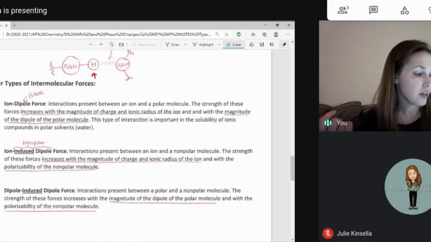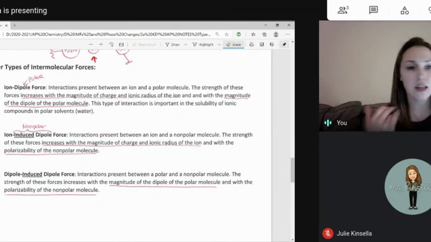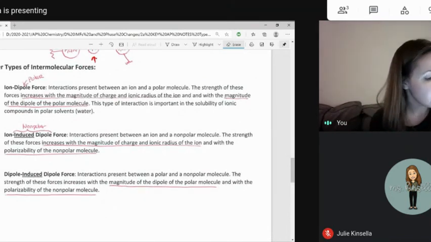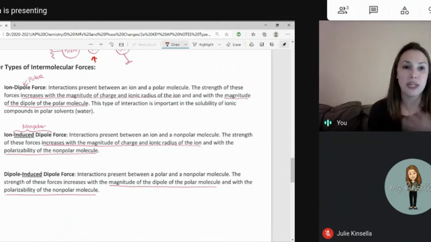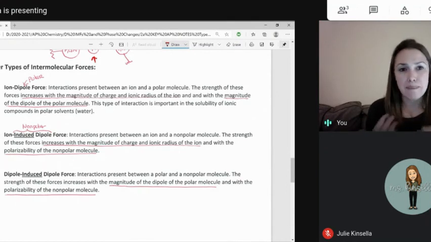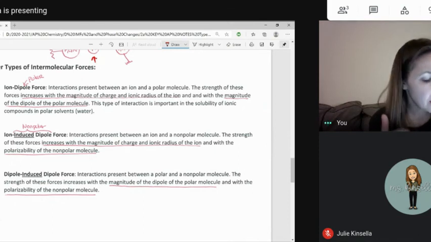Some other types of intermolecular forces of attraction that you should be aware of as we go through identifying and describing include the ion-dipole force. This is between an ion and a polar molecule. Especially when we get into solubility and mixing things together, these are going to become more important, but I still want you to be aware of them. Think about Coulombic attraction for all of these.